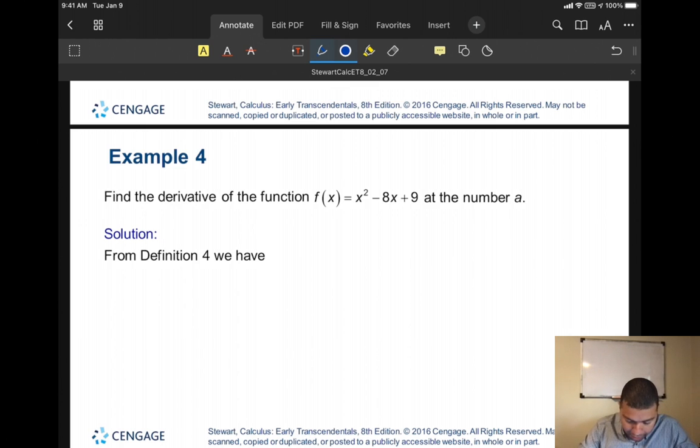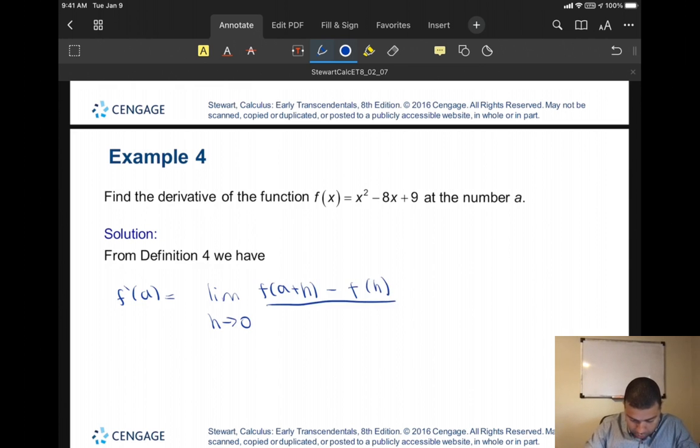But we're at the number a now, so they did not give us a specific value. So from the definition we have f prime of a equal to the limit as h goes to 0 of f of a plus h minus f of a, divided by h. So we're going to do that.